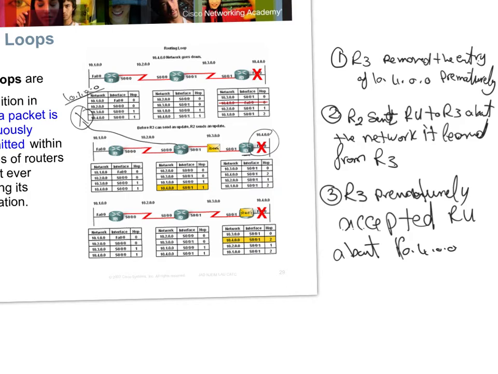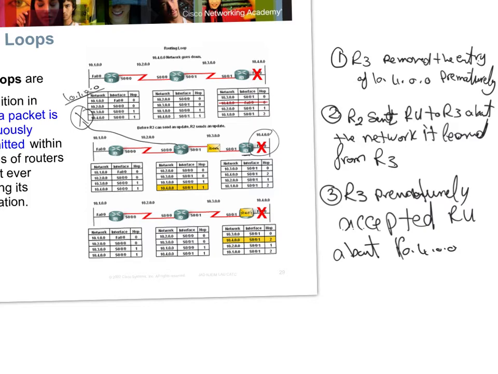First, we crossed the network. Second, we allowed R2 to send a route update about 10.4.0.0 to the router that it originally learned it from. And router 3 incorrectly accepted that. So all three reasons have grouped together to form this particular problem.